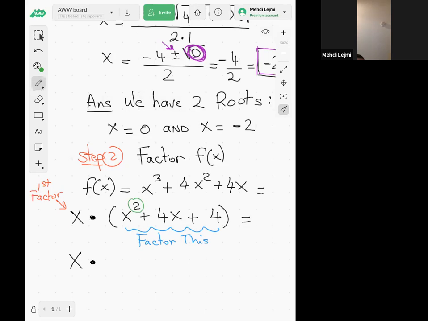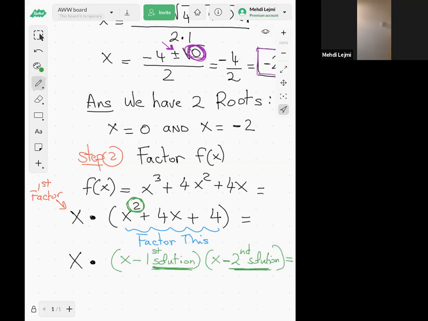And when you factor, the factorization is always of the form x minus the first solution times x minus the second solution. Again, I have first solution, second solution, because I have this square.